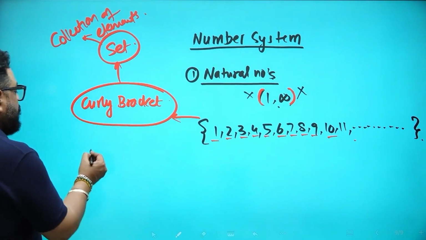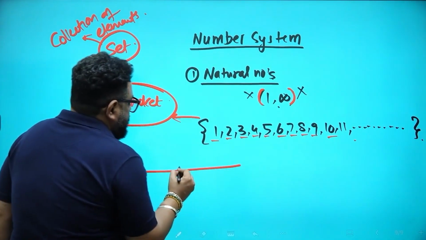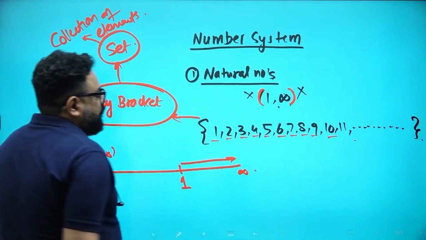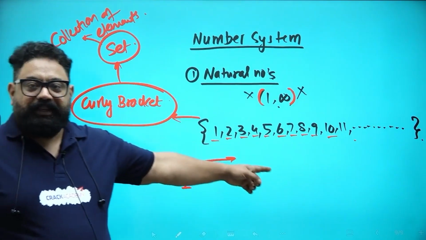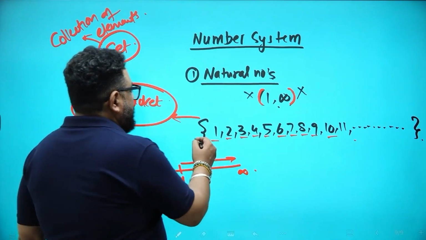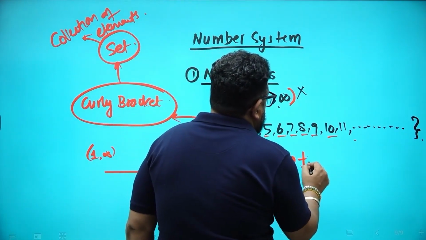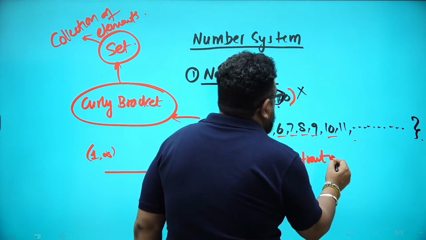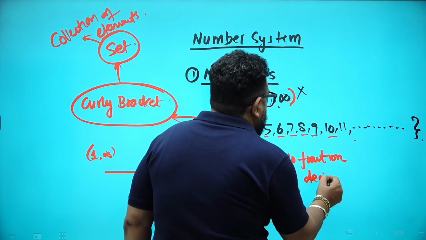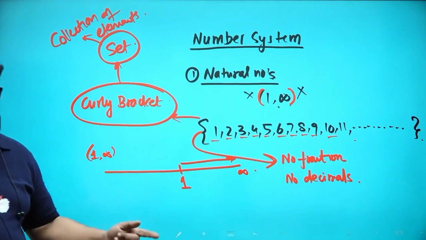When I talk about 1 to infinity in open brackets, this is 1, and it means all numbers from 1 to infinity. But natural numbers are only counting numbers. Here is the difference: no fractions, no decimals.